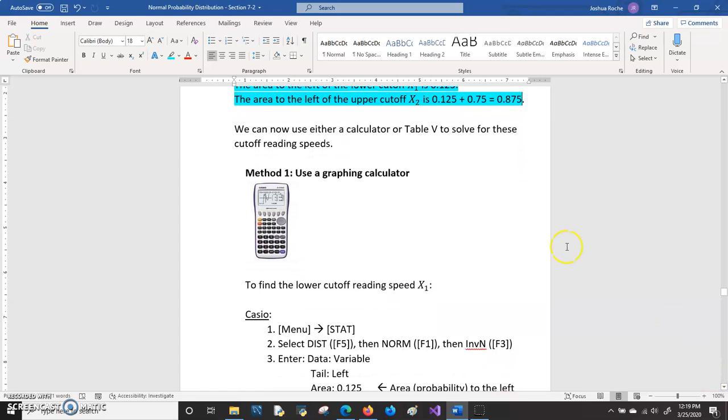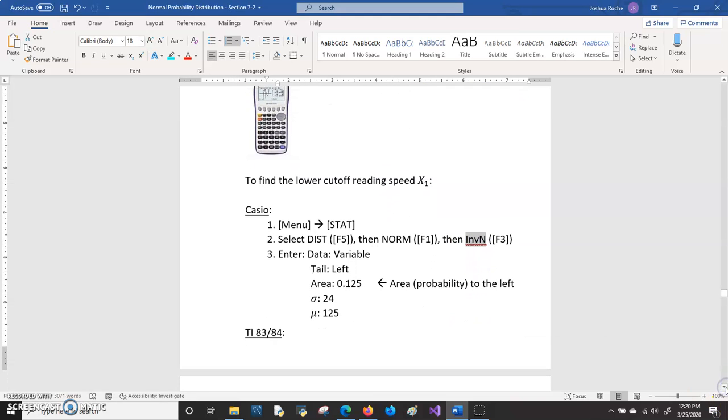Now, knowing that, we can use a calculator or use a table. If you use the calculator, then you would use inverse norm on the Casio or TI.